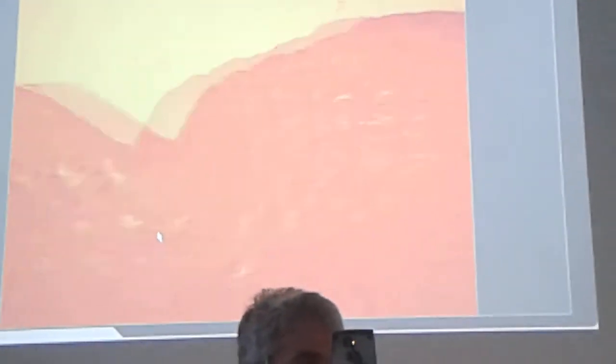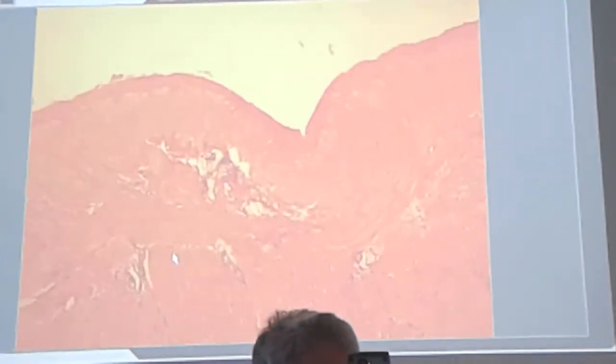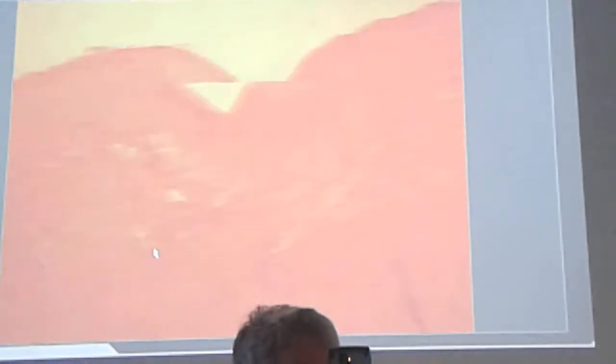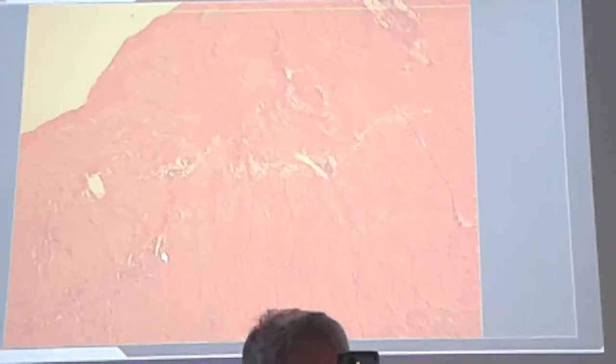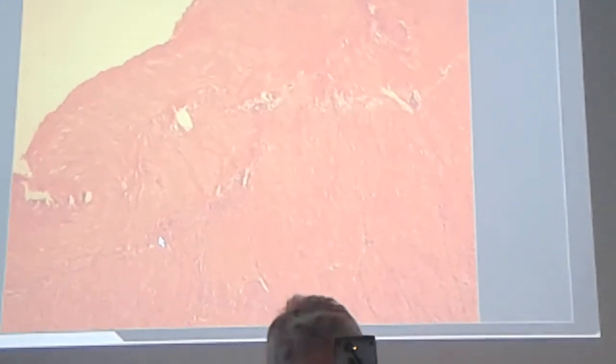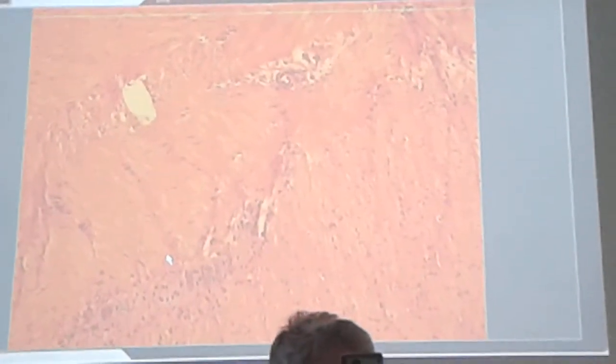And between those layers, we can still see some capillaries, and we can observe some other neuronal elements here, as you see.